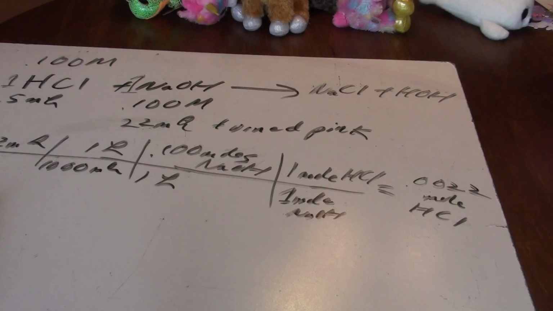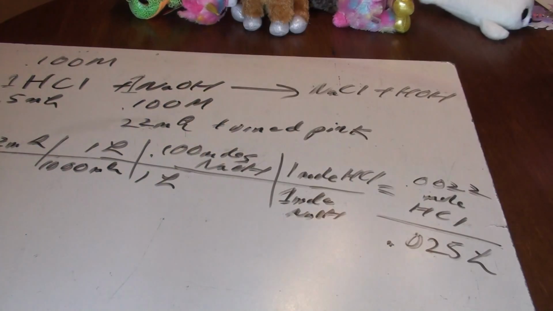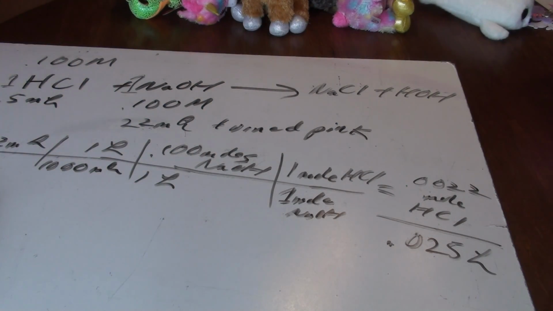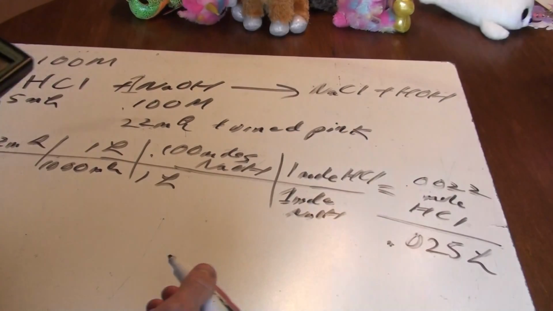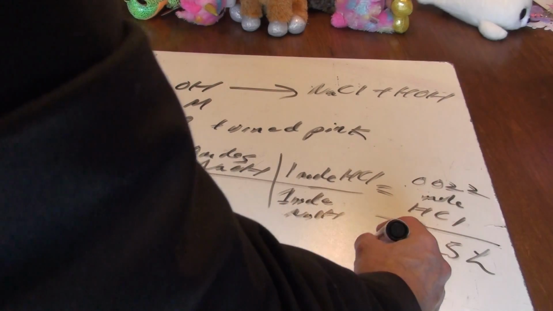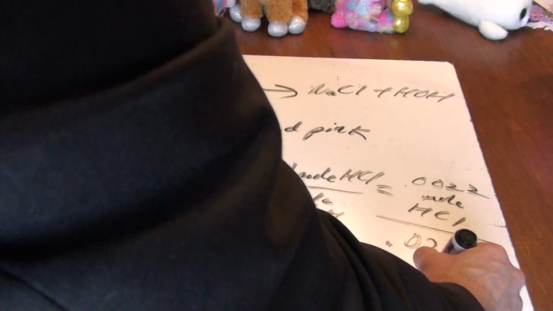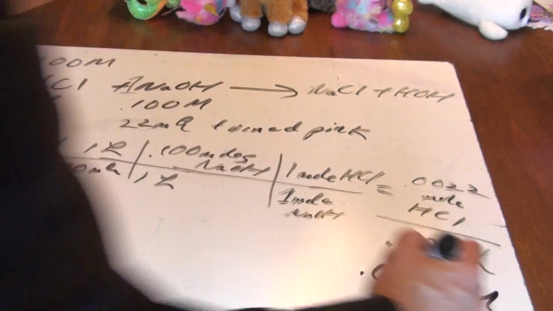So if that's the moles of hydrochloric acid, and I began with 25 milliliters, I just divide by my volume, which is 0.025 liters, and then I can figure out my experimental molarity. In this case, 0.0022 divided by 0.025 gives me a molarity of 0.088 molar of hydrochloric acid.